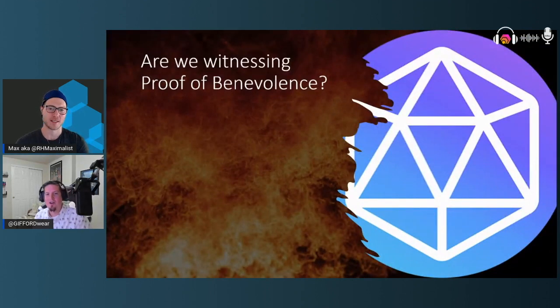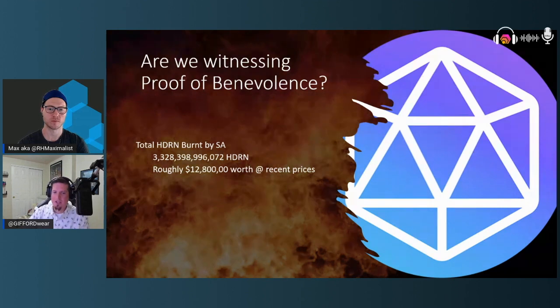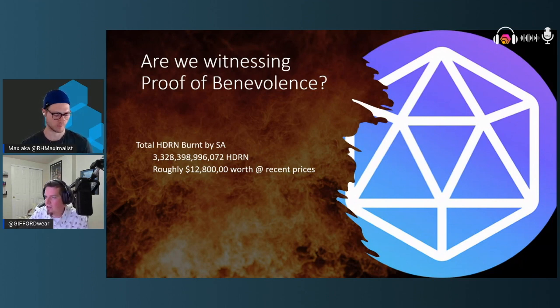All right. So the question is, are we witnessing proof of benevolence? Is the SA proving it? A calculation of everything that the SA has burnt comes down to 3.3 trillion Hedron, which at recent prices is valued at about $12.8 million.